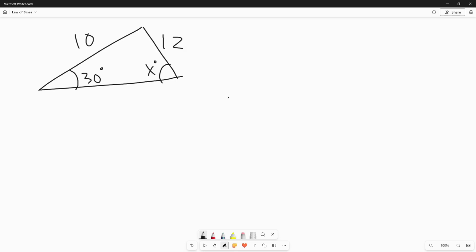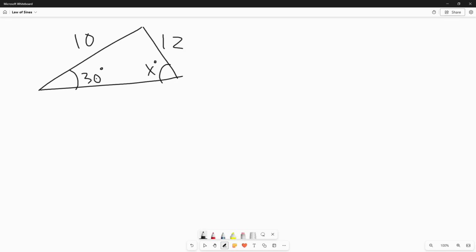So if we have sides 10, 12, and angle 30 degrees opposite of the side that's 12 units long, and we want to find this angle x opposite of the side that's 10 units long, we can use the law of sines and we will get two possible answers that you need to figure out.